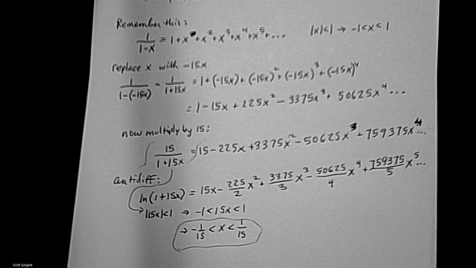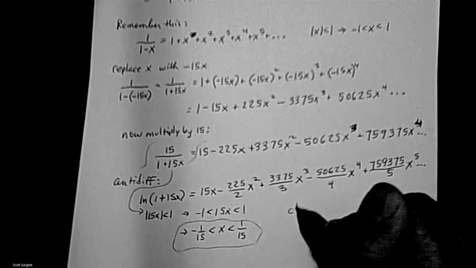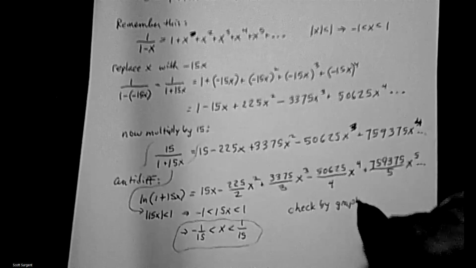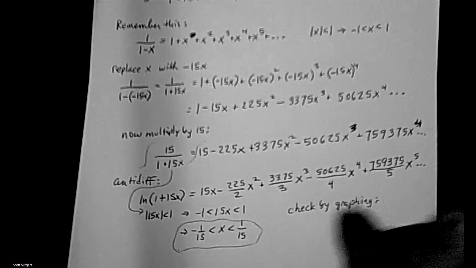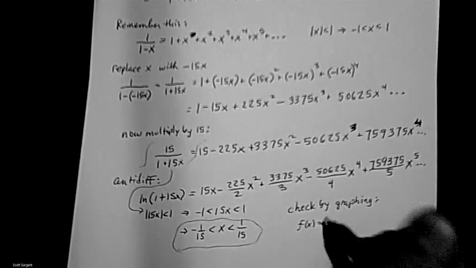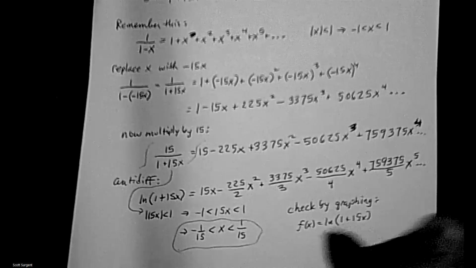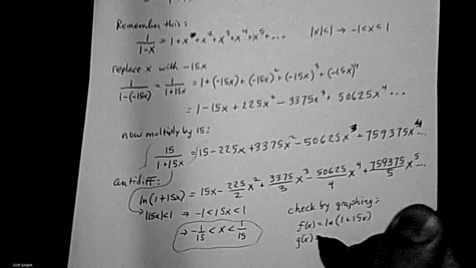One thing I might recommend, if you have the time, is you can actually check by graphing. If you're in Desmos, set f of x equal to the original function, which was ln of 1 plus 15x. Set g of x equal to the series.